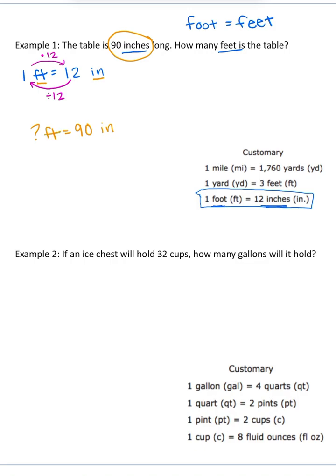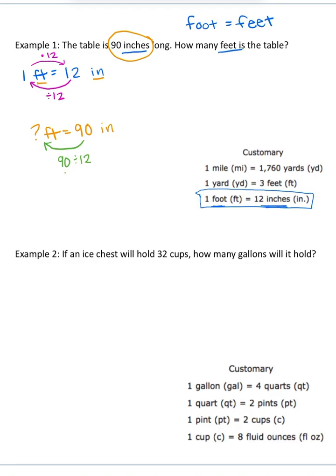So now looking at this section, I have a 90 on this side, like here, so I need to use my bottom arrow to get that question mark. And that bottom arrow says I need to divide by 12. So what I'm going to do is I am going to take my 90 and divide it by 12.